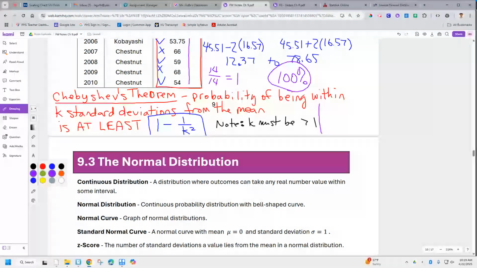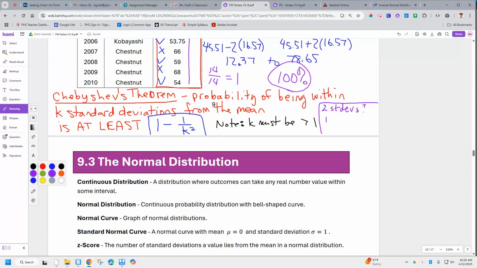So I've got a little bit of room right here. I'm going to do one example, okay? If I want to be within 2 standard deviations, Chebyshev's theorem is going to give me that probability of being within 2 standard deviations away from the mean.